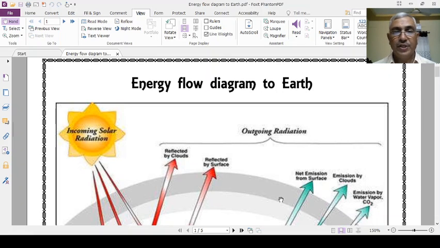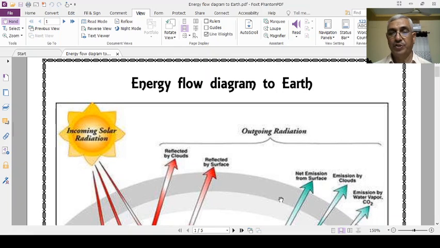Now, the essence of this topic, the energy flow diagram of the earth, is how much energy flows towards the earth from the sun in each and every second, and how much energy goes back from the surface of the earth continuously in each and every second, and how these two are well balanced.